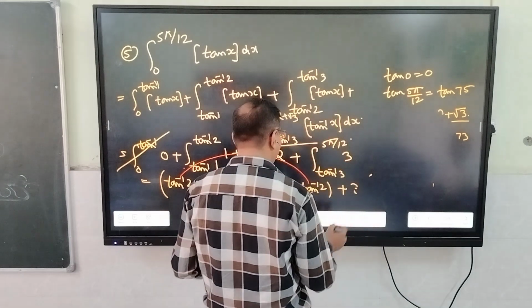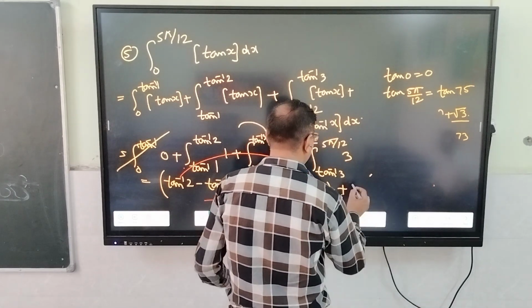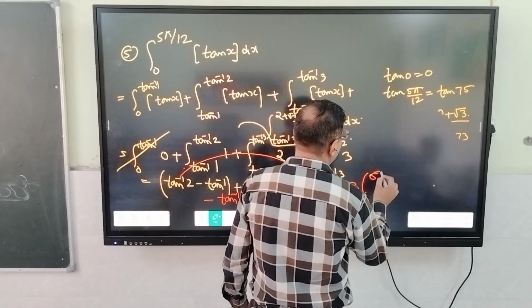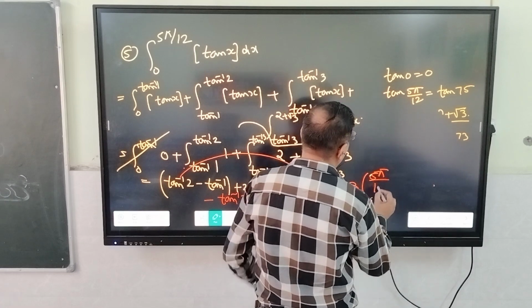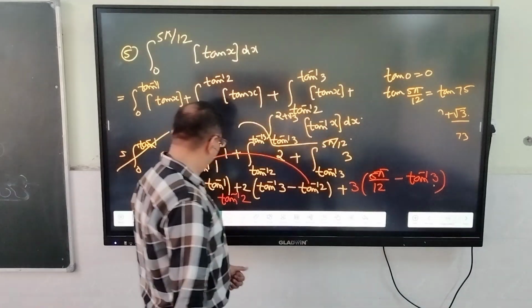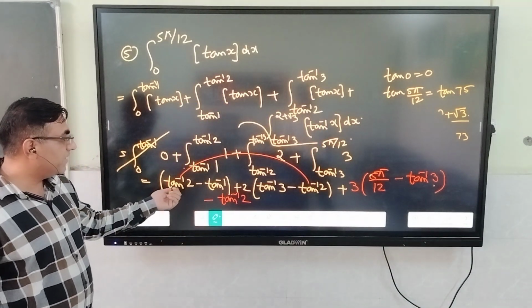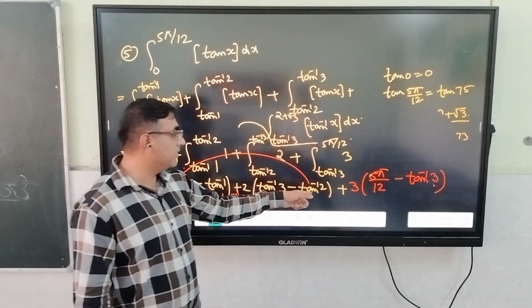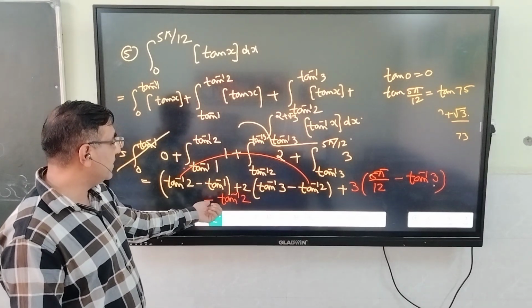Slightly mistake. 5 pi by 12. Upper limit is this minus tan inverse 3. So if we club this tan inverse 2 minus 2 tan inverse 2, it will be minus tan inverse 2.